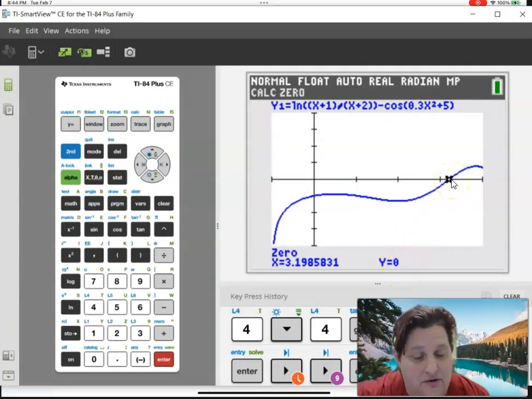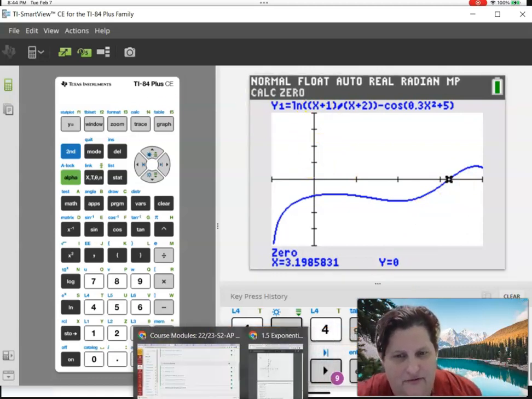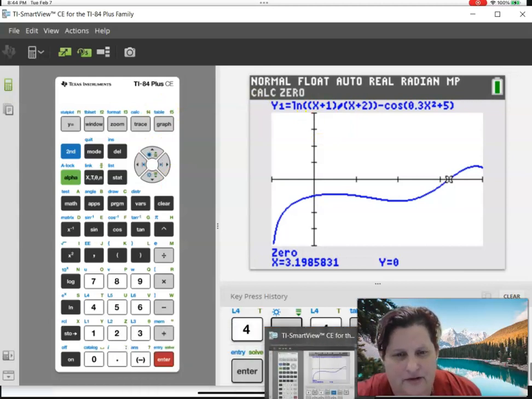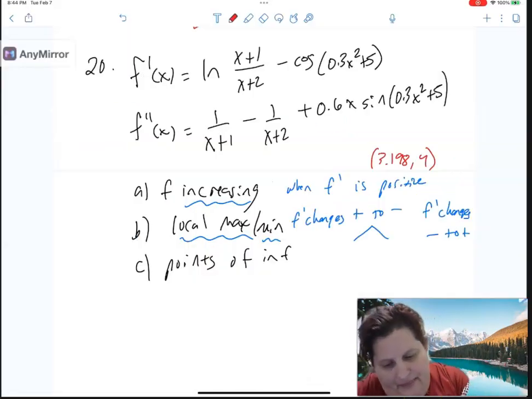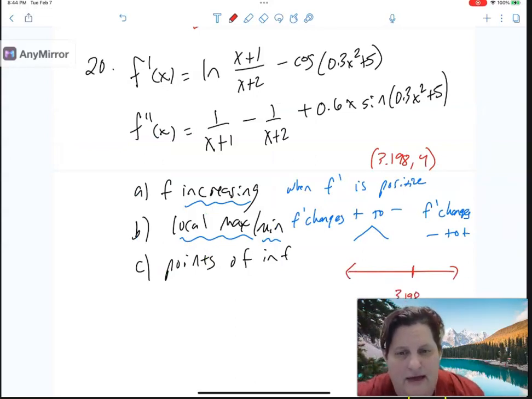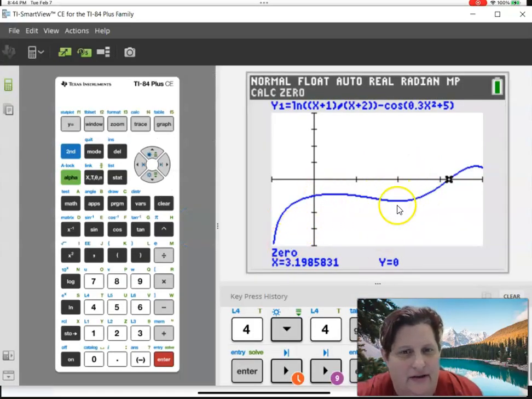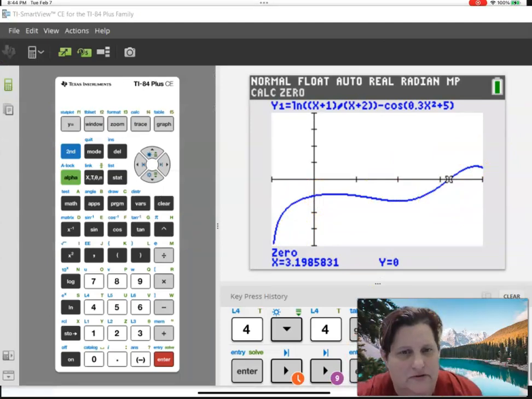Now, is that a max or a min? Well, think about it. If I had been making a sign line graph, for this local max or min, that's the only time where the derivative equaled 0. And the derivative to the left of it was negative, because these are all negative numbers. The derivative to the right of it was positive.